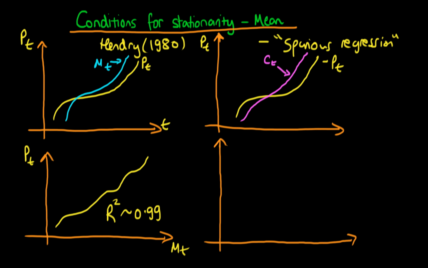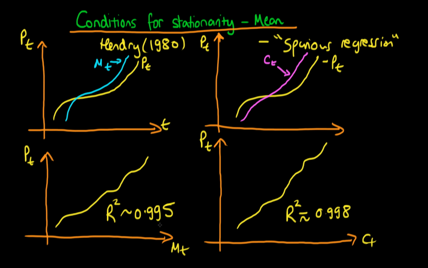When he did a scatter plot of these two variables and looked at the relationship between PT and CT, the relationship was even stronger than that between PT and MT. When he ran the regression, he found an R squared of, I think, around 0.998. So it was slightly better than the original regression, which might have been 0.995. On the face of it, he looks like he's built a better model.